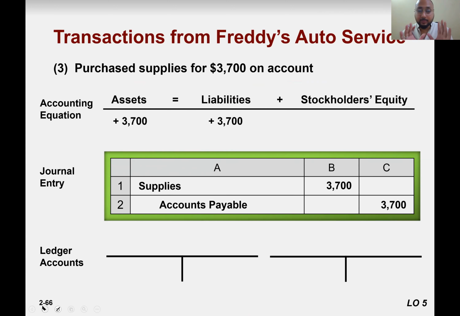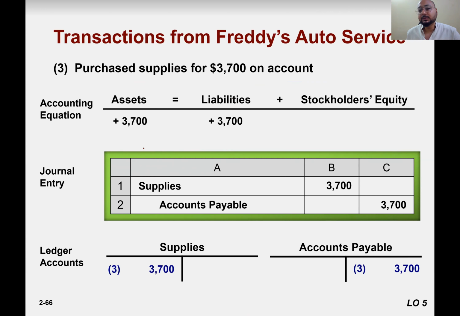The entry is good, but the arrangement is wrong, and then they get confused. Supplies was debited, so we write it first, right? Supplies to accounts payable, and then when we post it, supplies is debited, so you write it on the debit side. Accounts payable is credited, so you write it on the credit side.